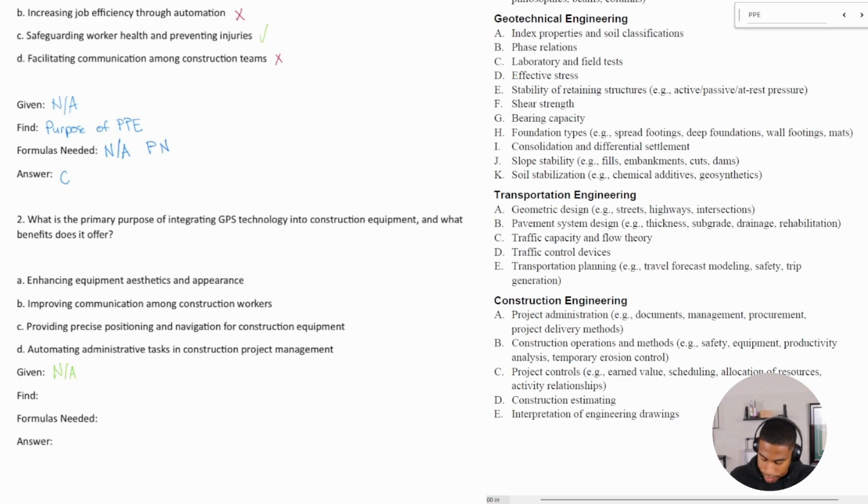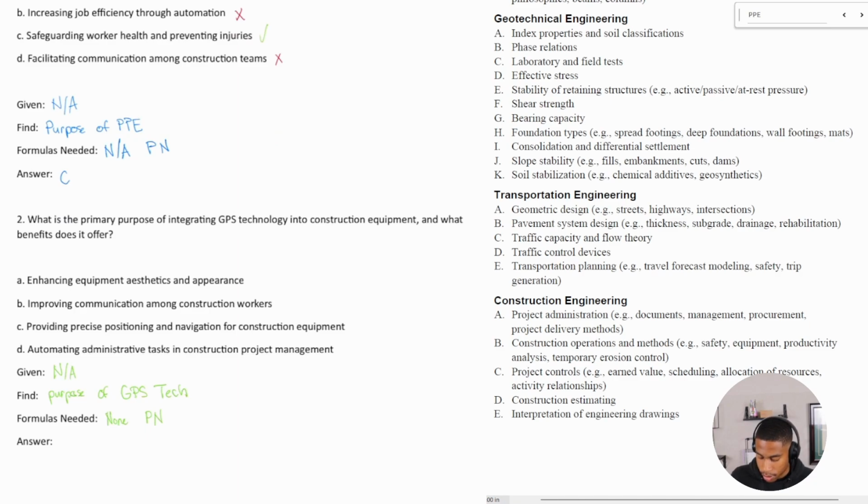We are trying to find the purpose of integrating GPS technology into your construction equipment. All right. So what are the formulas that we need? None. We need prior knowledge.